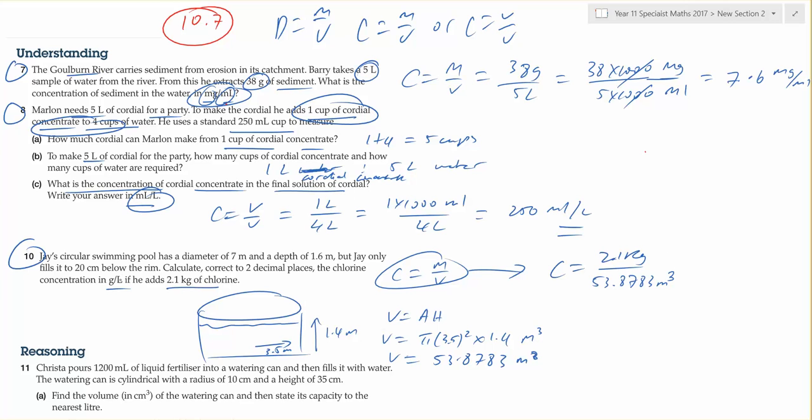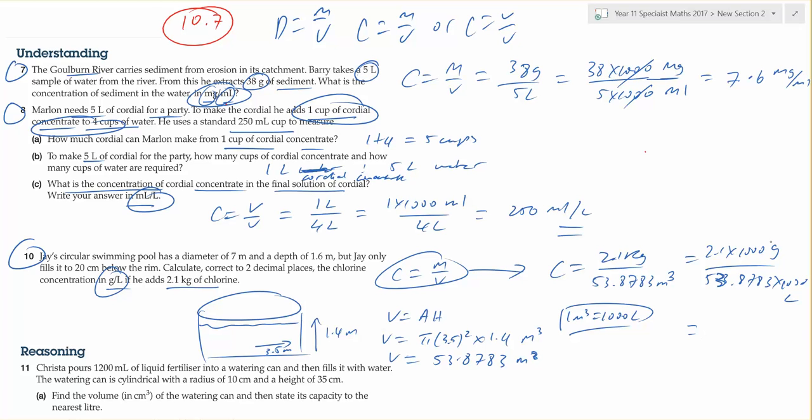And we need to convert it to grams per litre. We know there are 1,000 grams per kilogram, and to convert metres cubed, 1 metre cubed is the same as 1,000 litres. So I times the bottom part, 53.8783 times 1,000, and the units of those is litres.